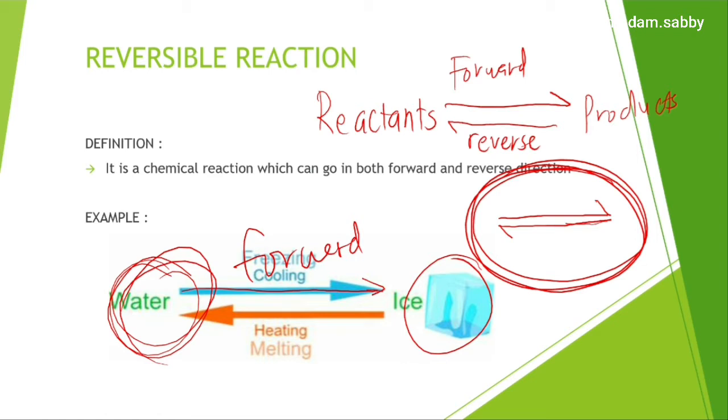My ice will not remain ice, but after some time it will convert back into liquid water, a process we call melting. So ice changes into water. This is the reverse reaction. Water to ice to water is a reversible process.